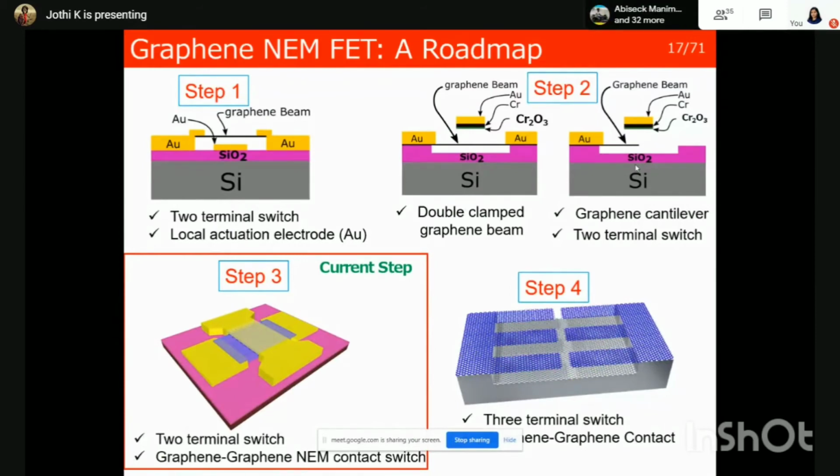Once these come together, they cannot make covalent bonds, because between graphene layers there is only van der Waals force, which is one of the weakest forces in the universe. If that is so, you can easily break it. That's the whole idea, the whole physics behind it. But there are a lot of problems in achieving this.